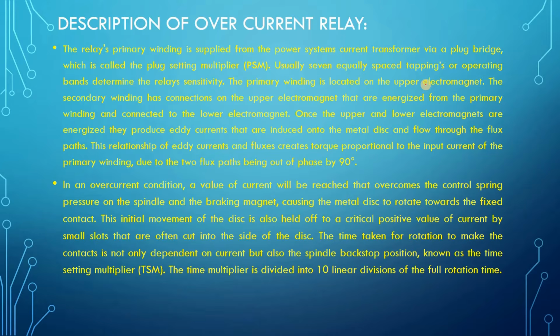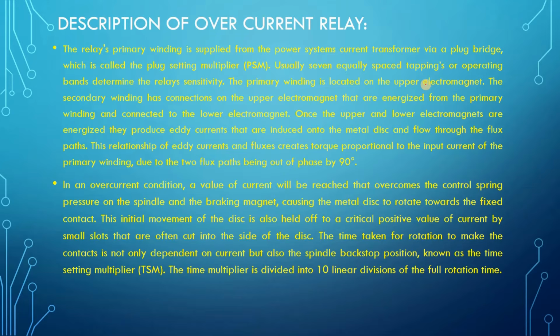The primary winding is supplied directly from the CT output of the power system. We know that an overcurrent relay is not directly connected to the transmission line or the power system because of the higher current; rather, it is reduced to the limit of the relay, so that the relay can operate.